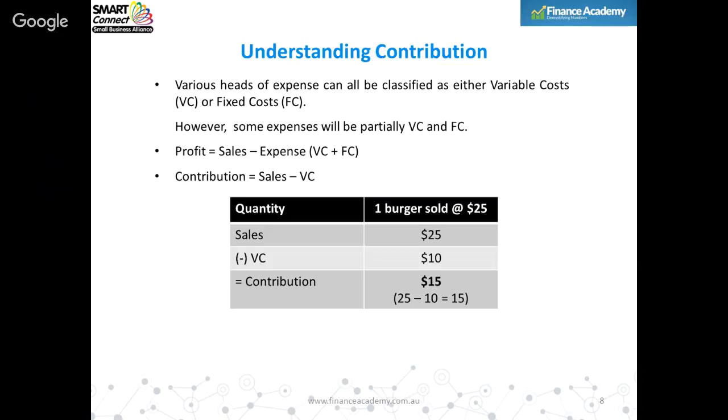Now, let us imagine the ingredients, which is the variable cost required to make a burger, is $10. So $10 is what it costs the business to make one burger. Contribution is sales minus variable cost, which is $25 minus $10, which equals $15. This $15 is the contribution made by selling one burger.